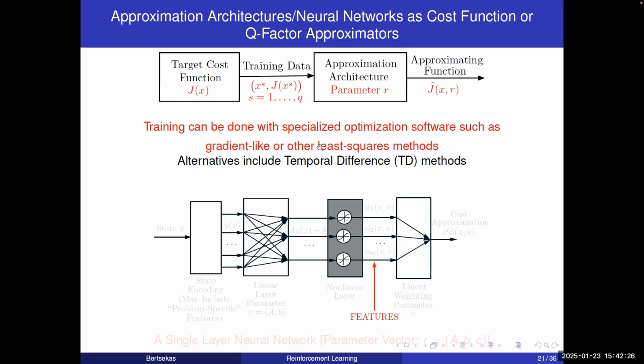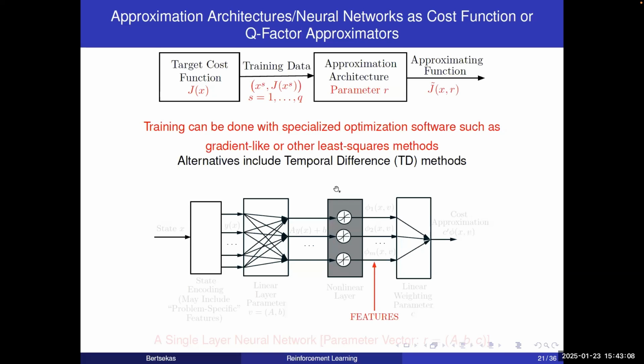There are various optimization algorithms that find the optimal R in terms of the approximation of this J tilde to J. There are also some other methods that belong to the class of temporal difference algorithms. These were quite famous and quite the object of a great deal of research in the early years of the field, but not anymore. It's usually this kind of thing involving least squares, gradient descent, deep neural networks, things like that.